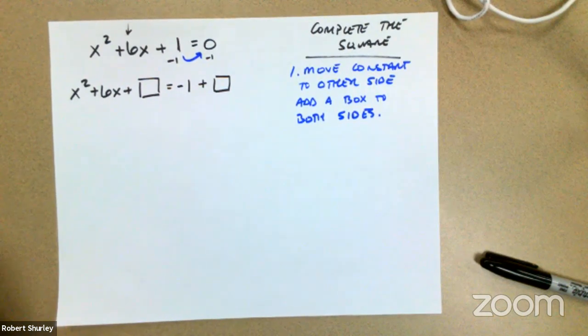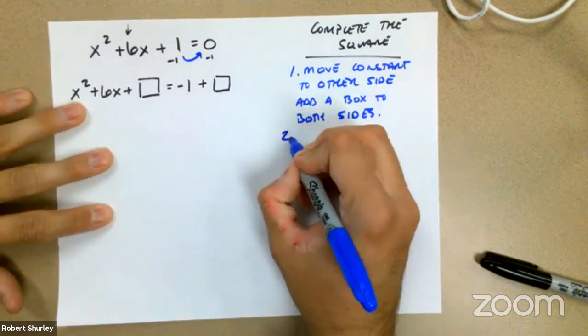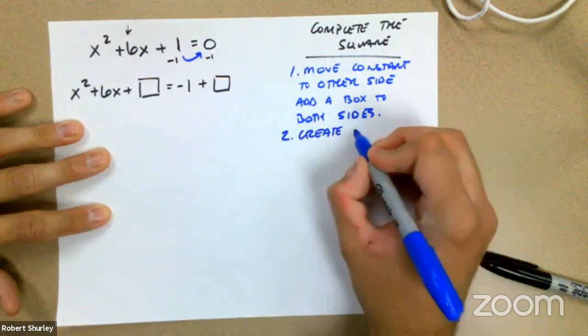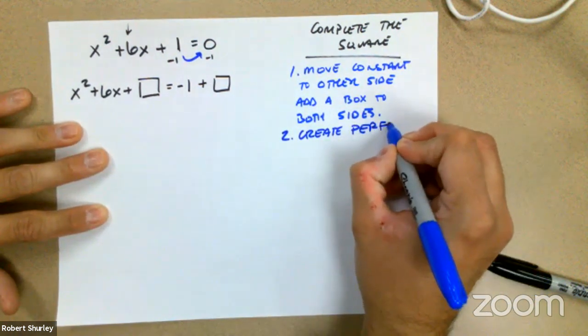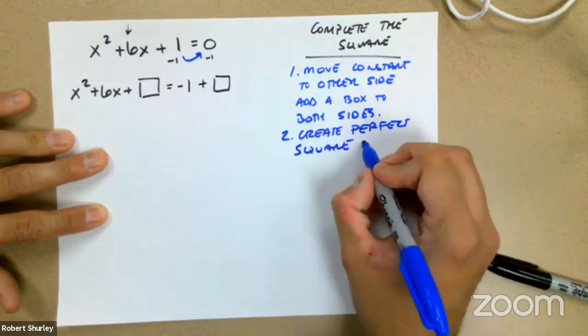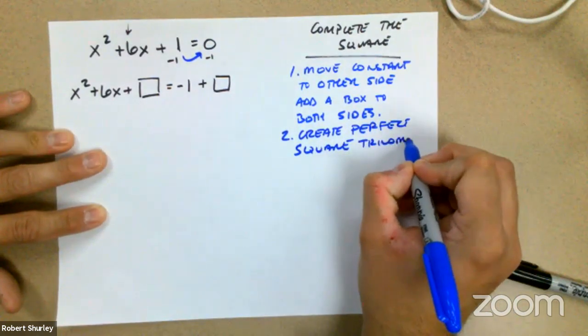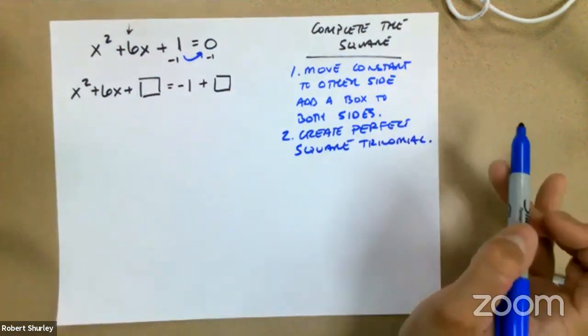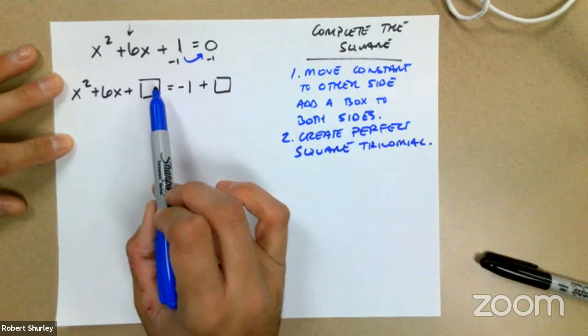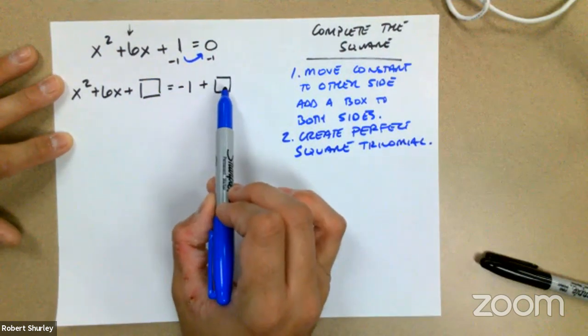Step 2 is going to be what we just did, that exercise we just went over. I'm going to call it create perfect square trinomial. But I want you to be cognizant that whatever we put in this box on this side has to go in the box on that side.